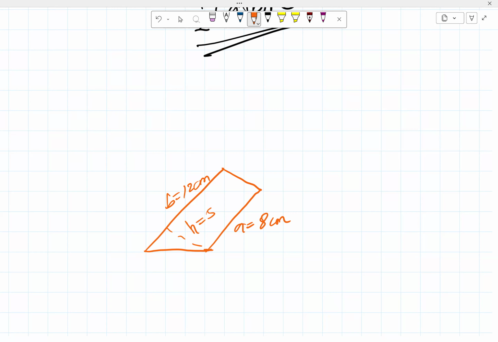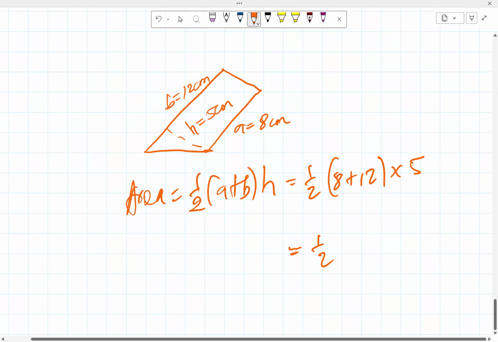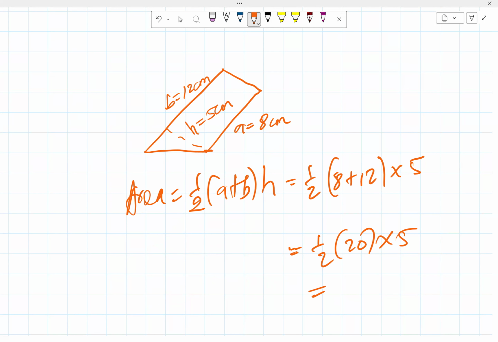So the height now is 5 cm. Now the area is half into A plus B times H. This is half into 8 plus 12 times 5. So that is half into 20 times 5. So that is 10 times 5, so that's 50 centimeters squared. That's the area in this situation.